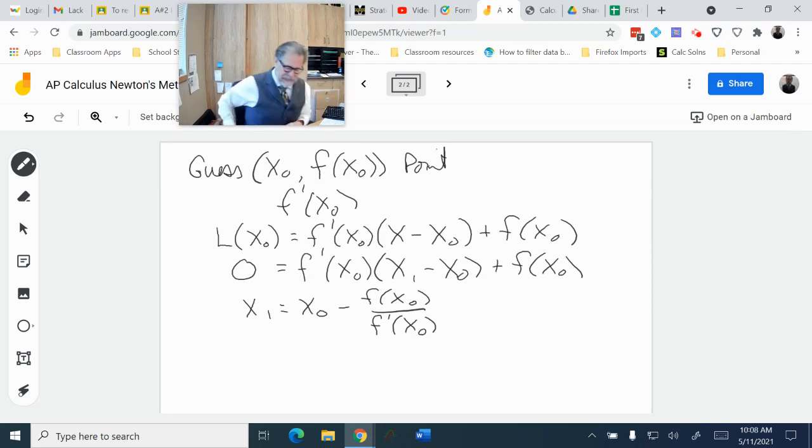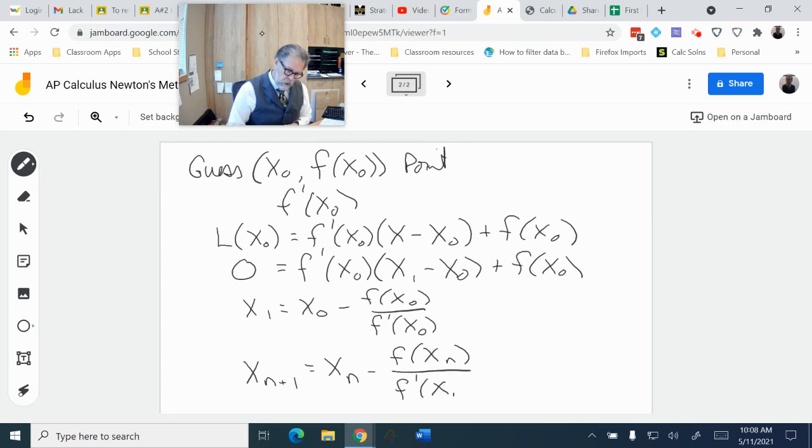And obviously, I could do the same thing with x1 and x2, x2 and x3, x3 and x4. And I can extrapolate that out to say, well, the next value will be the previous value minus the ratio of the function to the derivative of that previous value.